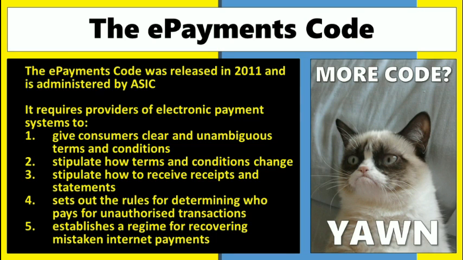And a lot of these things are actually quite similar to the banking code of conduct, really about making terms clear and unambiguous, demonstrating to them how the terms and conditions work, and making it clear how a person can access the terms and conditions, as well as their own financial records, their receipts and such like. And also to set out systems for when things go wrong.